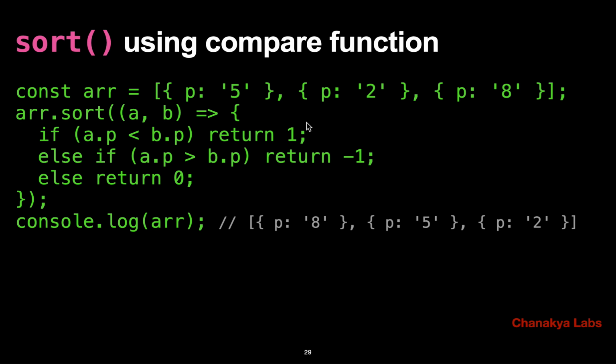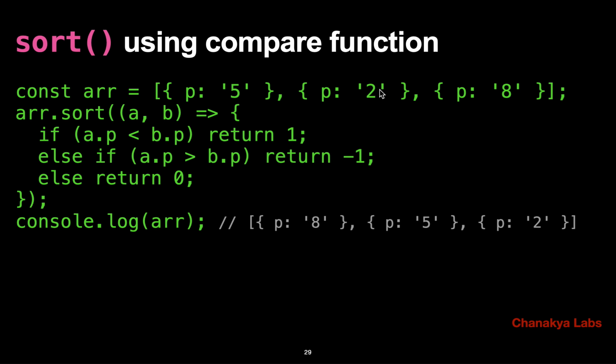And again, same, a few more examples just for clarity. Let's say p5, p2, p8 or something like this is there. Then you could have done the same thing here, where a.p is less than b.p. Earlier we properly returned minus, right? Now let's say I know that it might be a string, so a.p and b.p are strings, but I still have to do a string-wise comparison. String-wise comparison means: is string 5 less than 2?